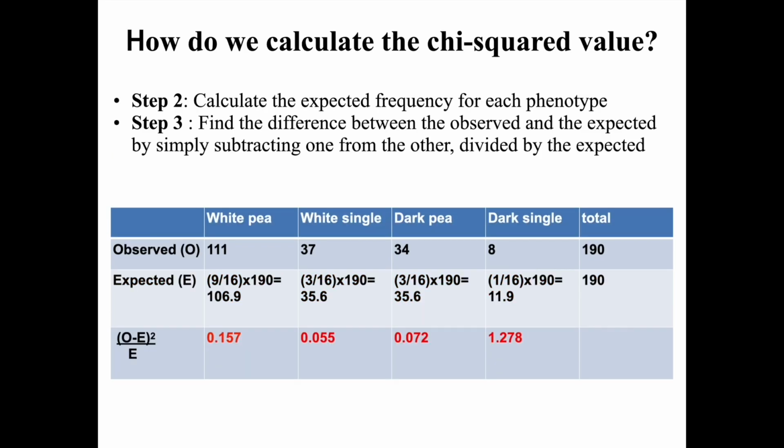So once we have our expected values, then we can go through the steps in order to calculate chi-squared, and they're exactly as before. Notice the bottom row here. We do the observed minus the expected, we square that value, and then we divide it by expected. So we've skipped a couple of steps in the table here, but feel free to include them in your own table.